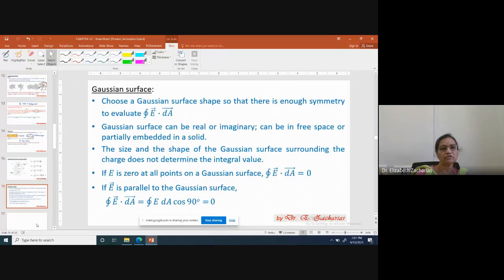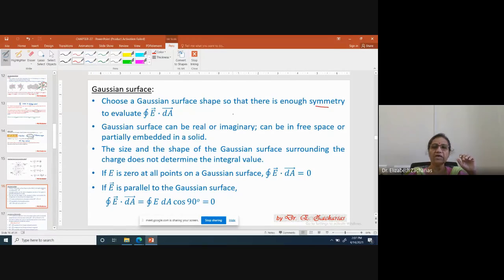Okay, next what we'll do is the general rules when you are considering a Gaussian surface. I told you Gaussian surface can be an imaginary surface. So depending on your necessity, you have to choose a Gaussian surface. Okay, so how do you choose a Gaussian surface? The first golden rule is choose a Gaussian surface shape so that there is a symmetry between the field and the surface.